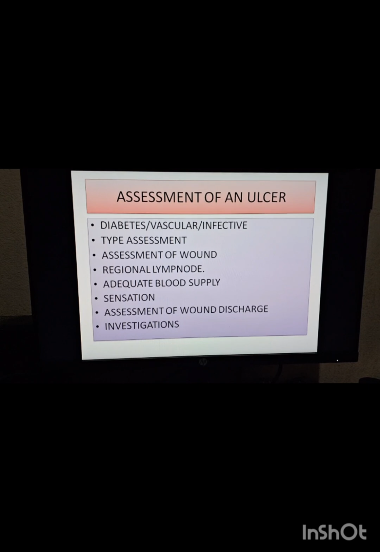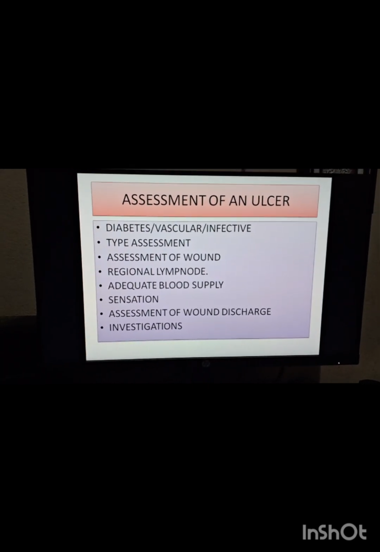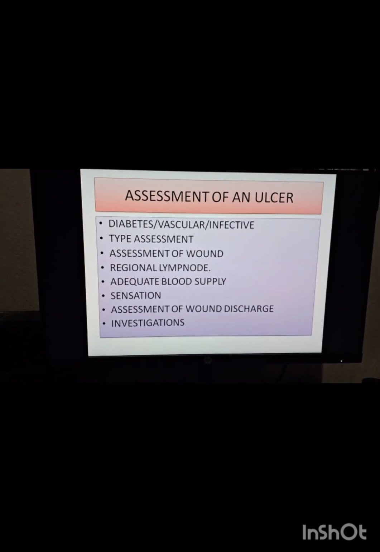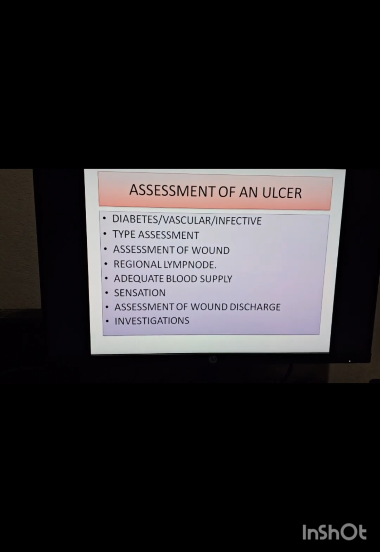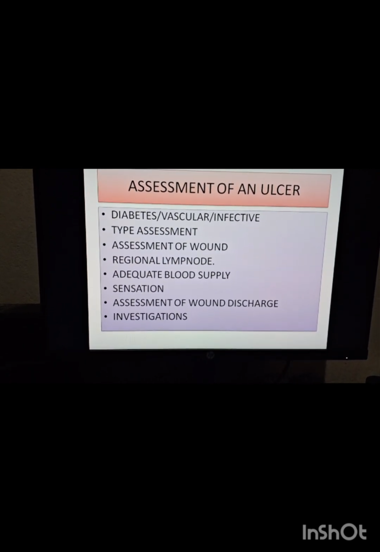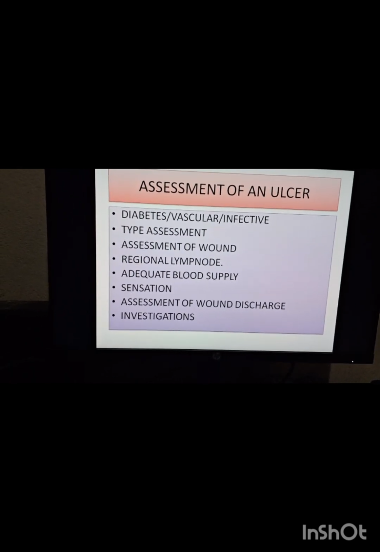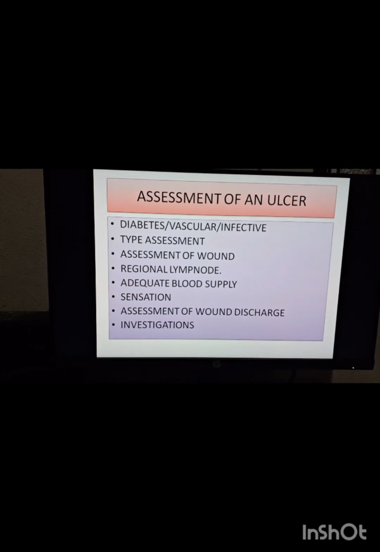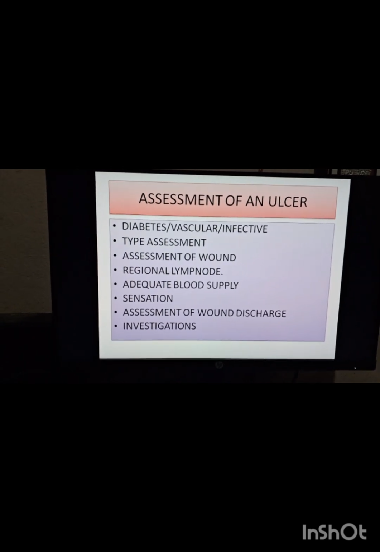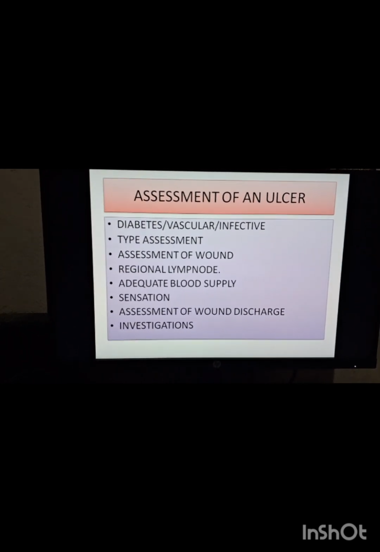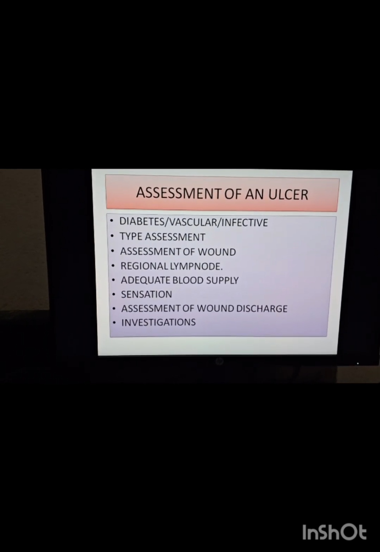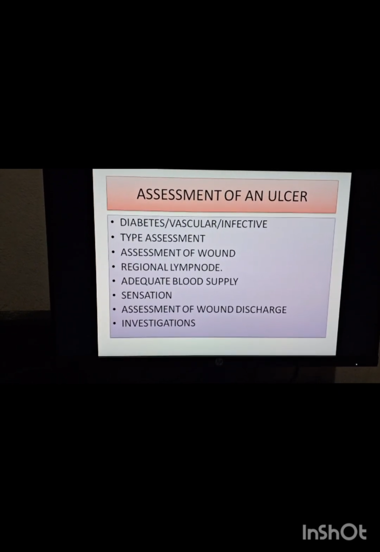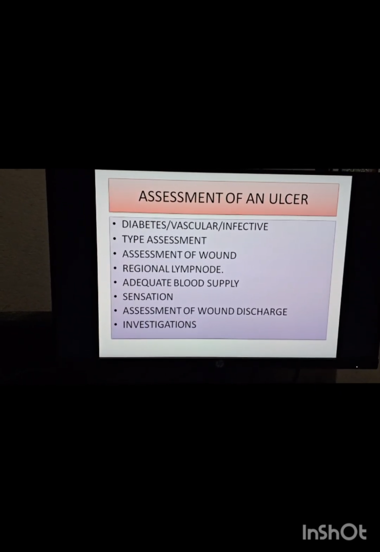Now, you should assess whether the cause is diabetic, vascular, or infective, what type of ulcer it is, healing or non-healing, or what the pathology behind the ulcer is. It's very important to assess the type and grade of an ulcer.